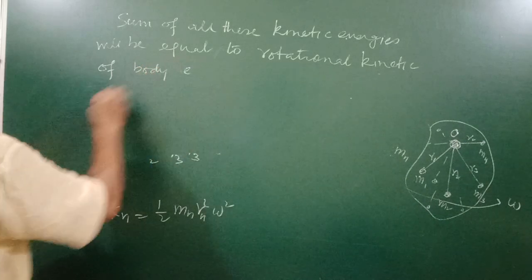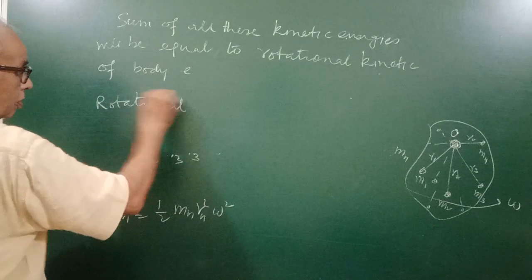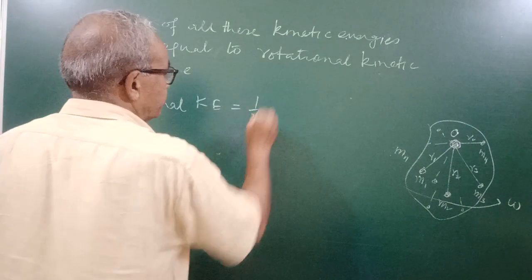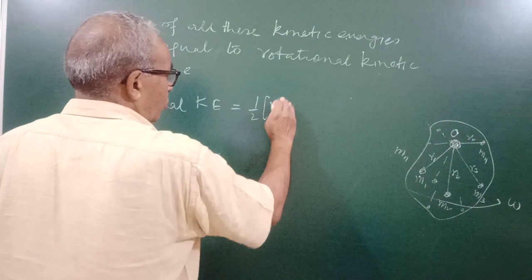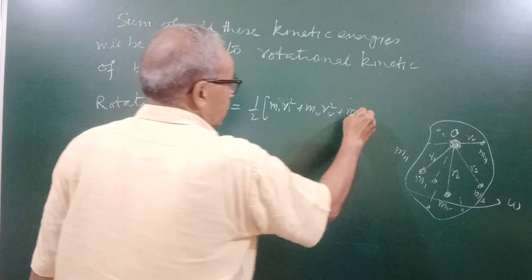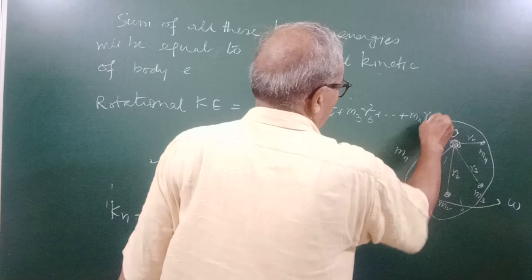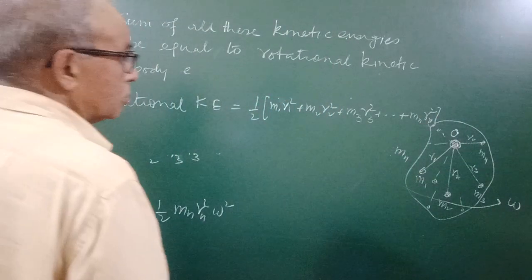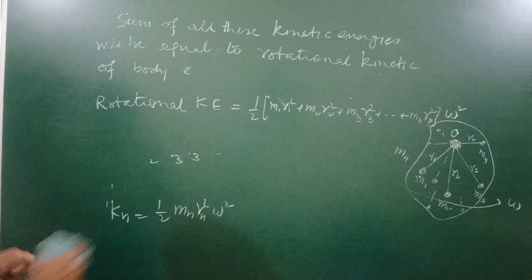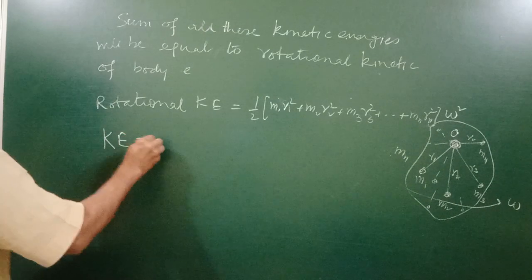That is, rotational KE is equal to half into m1 r1 square plus m2 r2 square plus m3 r3 square, and so on up to mn rn square, into omega square. Omega will be common to all, and this KE is the rotational energy.